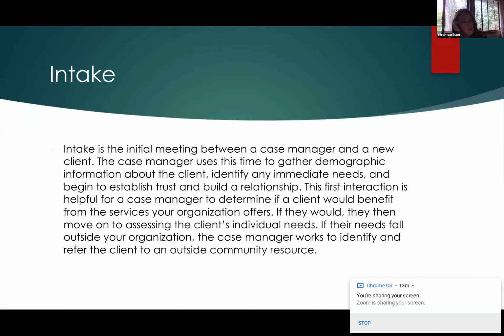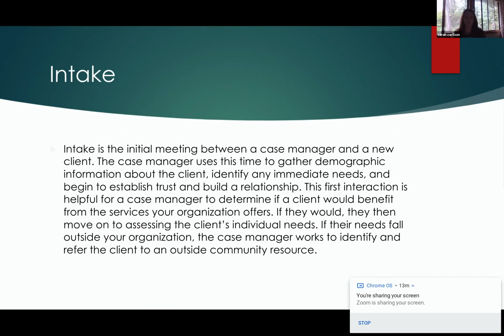So at the intake, this is the initial meeting between a case manager and a patient or a new client. This is where we gather demographic information, any kind of background information that would help inform our service. This is also where we develop rapport and where we start really connecting with folks. The intake part of the work is really important because it's what keeps people coming back.